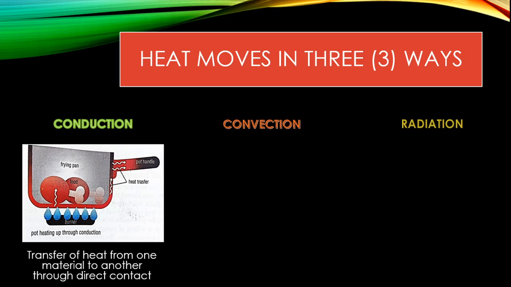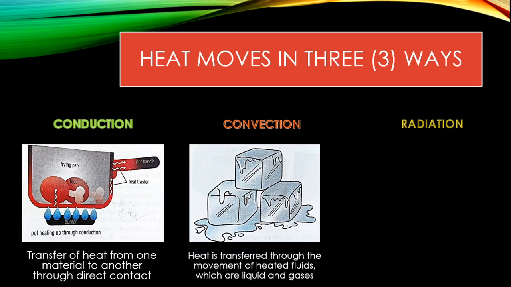Let's have the convection. Heat is transferred through the movement of heated fluids, which are liquids and gases. Example: convection is the process that happens when warm air or liquid rises while cool air or liquid drops.